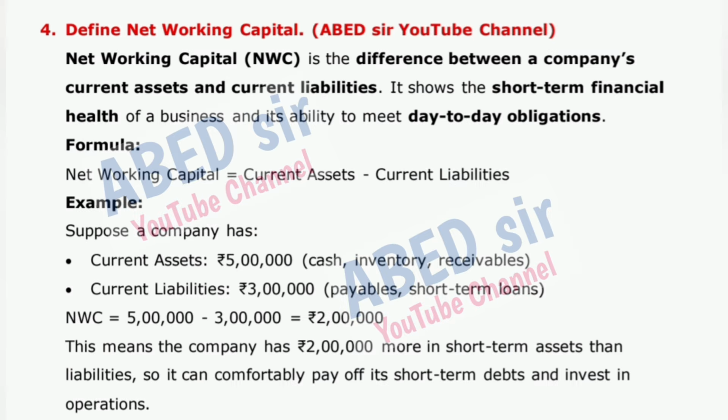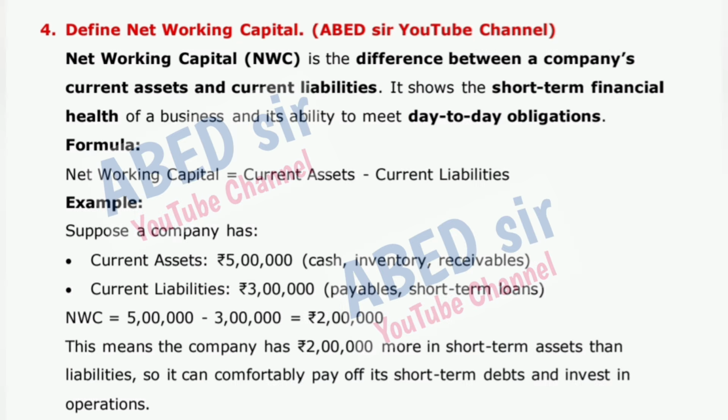Next important short question is 4: define net working capital. Net working capital, NWC, is the difference between a company's current assets and current liabilities. It shows the short-term financial health of a business and its ability to meet day-to-day obligations. Formula: net working capital is equal to current assets minus current liabilities.